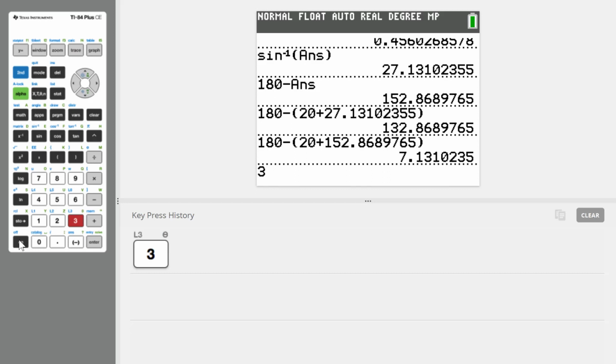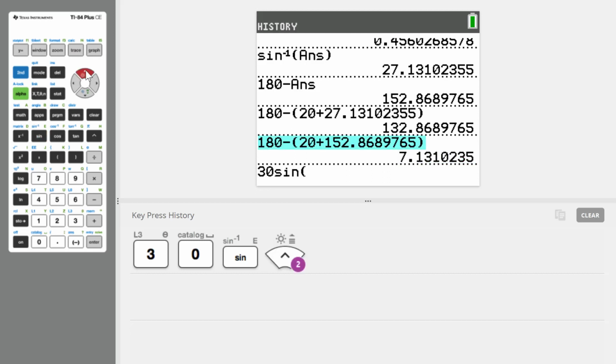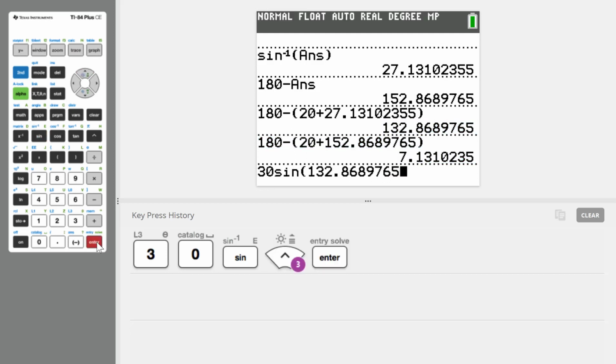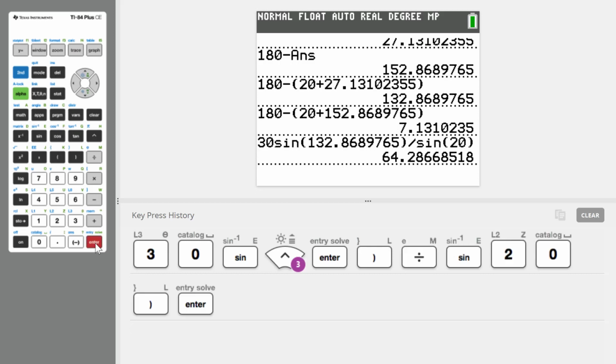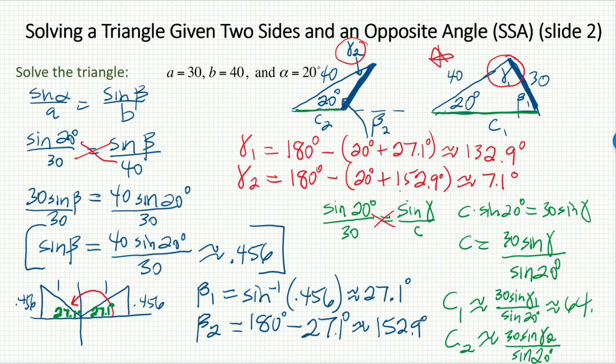So I'll type 30 sine, gamma is that 132.9 number. I'm going to arrow up to it and choose it so that I'm using the entire value and not my rounded value. And then I want to divide that by sine 20. And I get 64.3 approximately. That would be C1. The C on triangle 1, the longer C, is about 64.3.